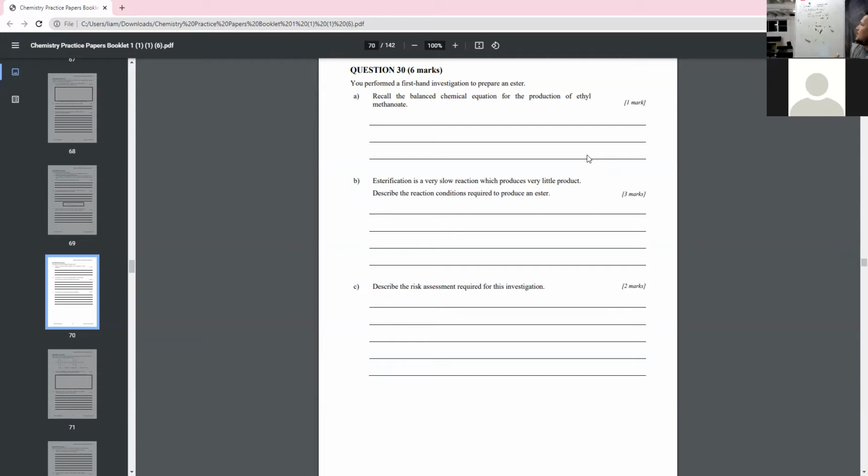Kai, if we're wanting to favor the products in this reaction, could we just add an excess of carboxylic acid? Would that then shift the equilibrium towards the product?